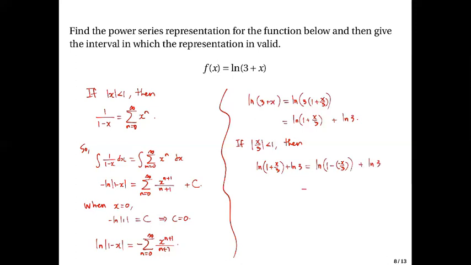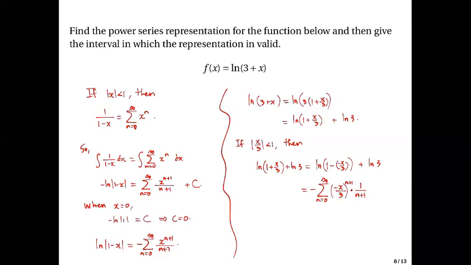Now we apply the power series representation. We have negative of the sum from n equals 0 up to plus infinity of negative x over 3 raised to n plus 1 times 1 over n plus 1.